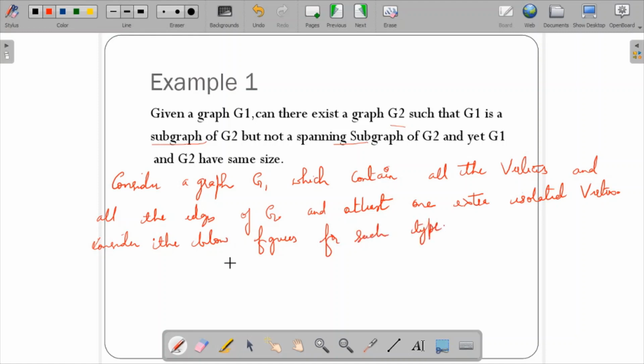So it would be v2, v1, v3, and v1, v2, v3, v4. Okay, so this is an example for one problem. Just make sure that it satisfies both: a subgraph, not a spanning subgraph, and which has the same number of edges. So this is regarding example 1.